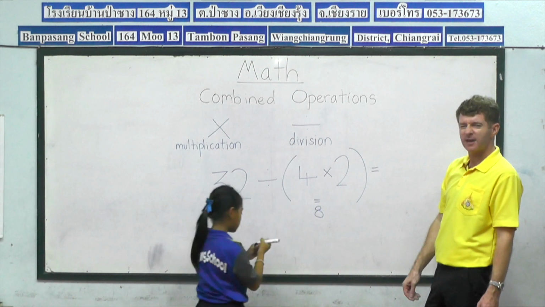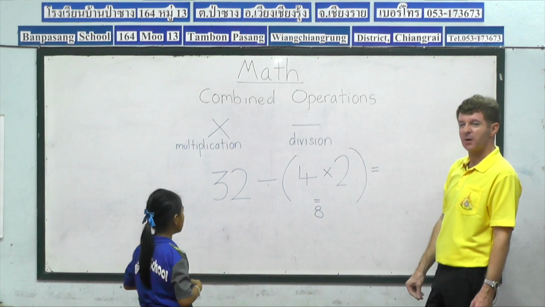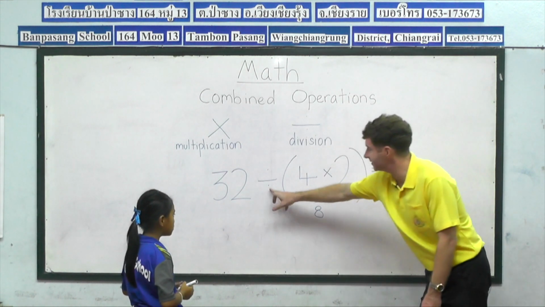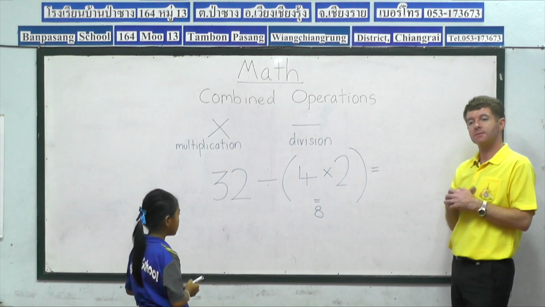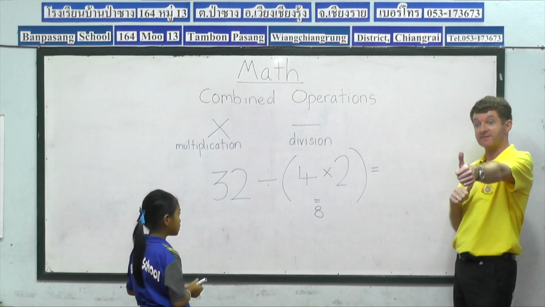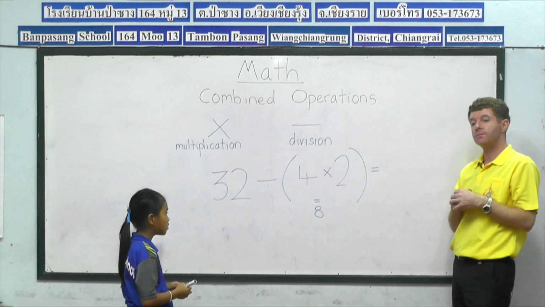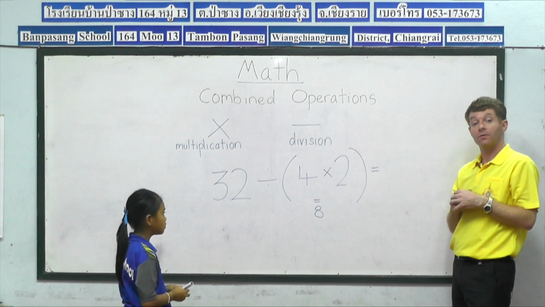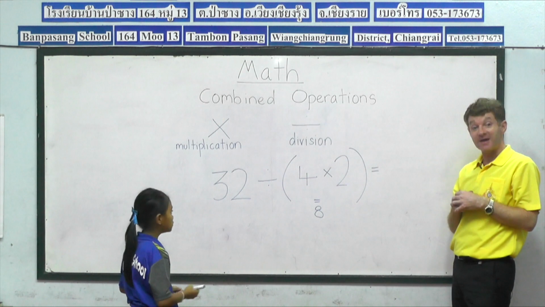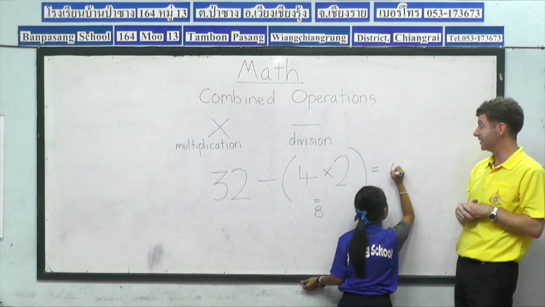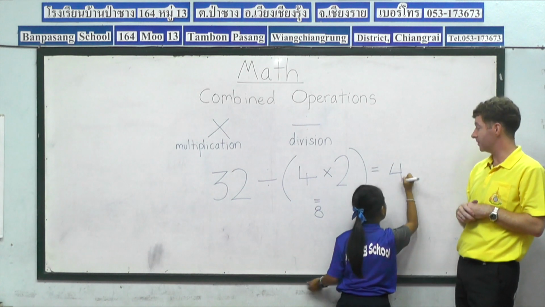But are we finished yet? No, we're not finished. Now, 32 divided by 8. Excellent, Nadia. How many times does 8 go into 32? 8 times 4 equals 32. So we can say 32 divided by 8 equals 4.